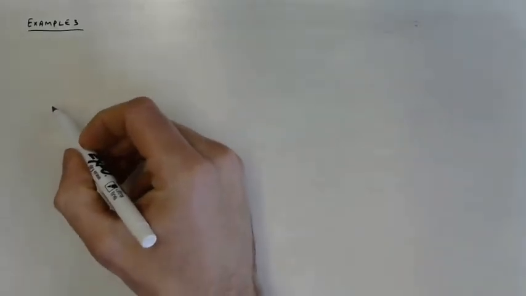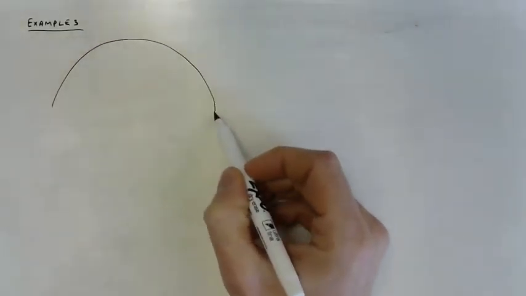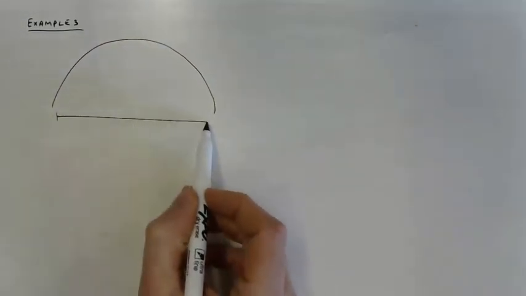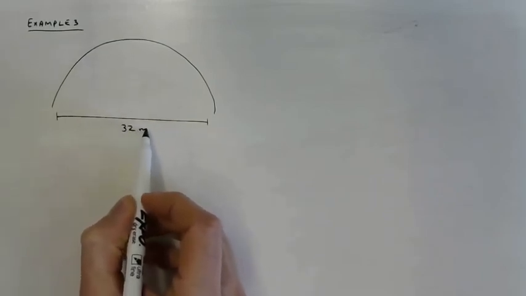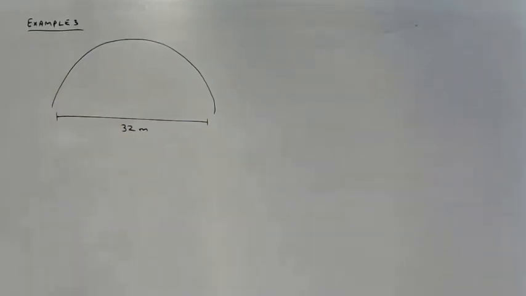In example 3, we're going to use a quadratic function to represent given information. So we have a parabolic opening to a tunnel that is 32 meters wide. So if I draw a sketch of that, parabolic tunnel opening, 32 meters wide, measured from side to side along the ground.